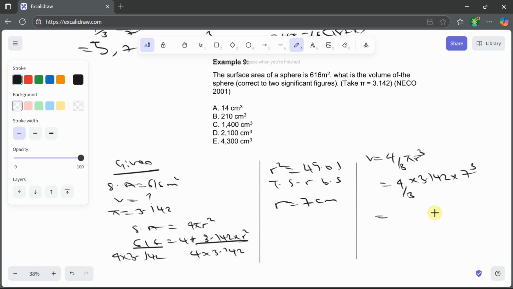So this is 1436.94 centimeter cube. But they said we should take two significant figures. So the next figure is now up to 5. So our answer is approximately 1400 centimeter cube to 2 SF, and that will be option C.